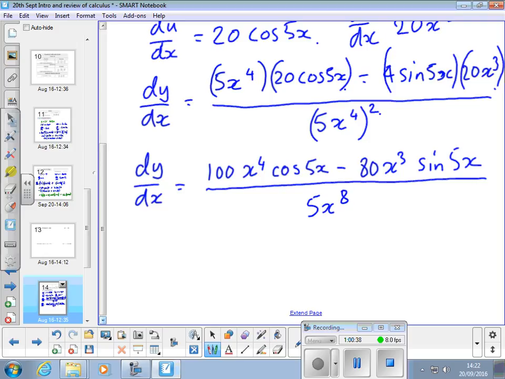Something wrong with it. The numerator here is correct. Hence squared to 5. So that should be 25x to the 8.